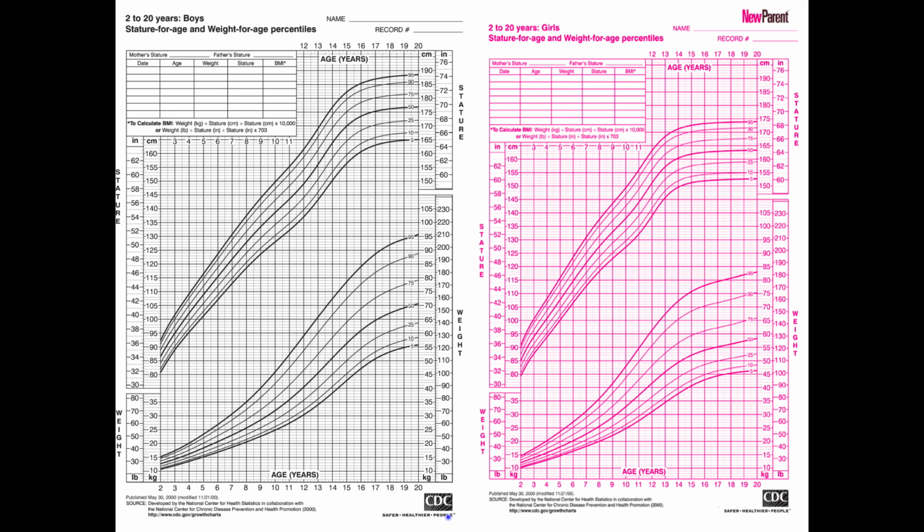Another, if you've had kids, you know exactly what these two graphs are. It is our percentiles for development. And so when we talk about a child being in the 90th percentile for height and weight, they're different for boys and girls. So say you've got a 5-year-old and they're in the 90th percentile, here's the percentiles. Follow the line down to about the 5-year-old.